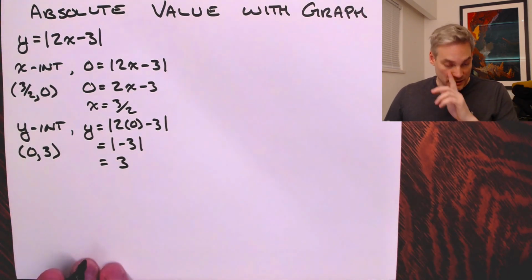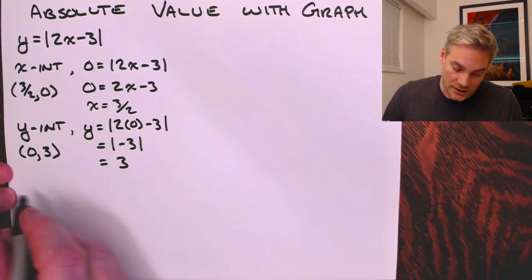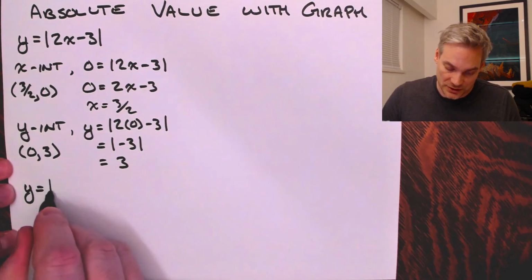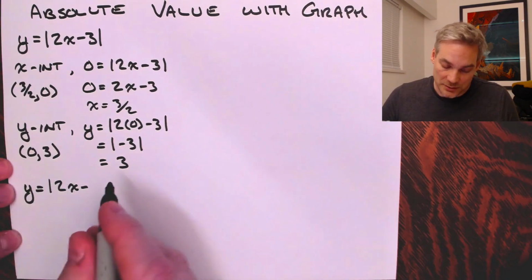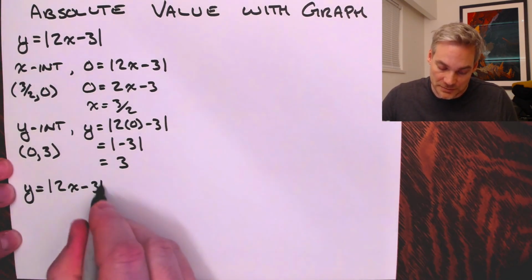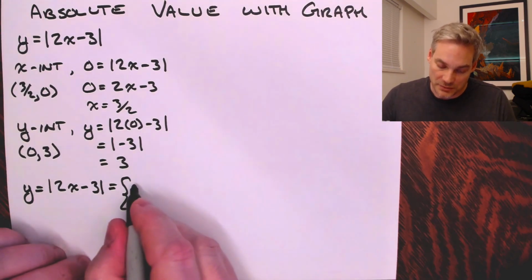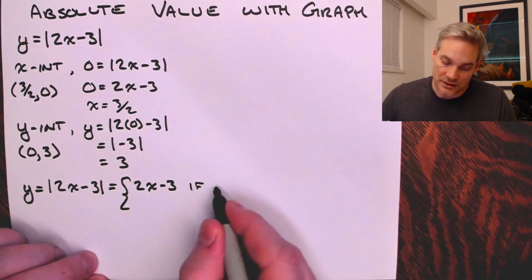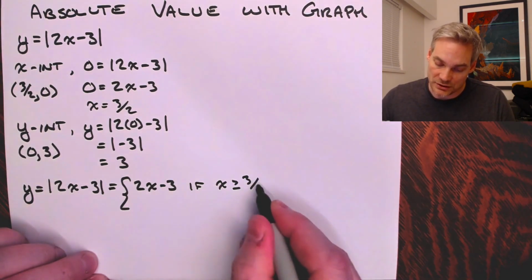Okay, now we can actually write this as a piecewise function, and this piecewise function would be something like y equals, and I'll write this out again, the absolute value of 2x minus 3, and that equals this set where we have 2x minus 3 if x is bigger than or equal to 3 over 2.